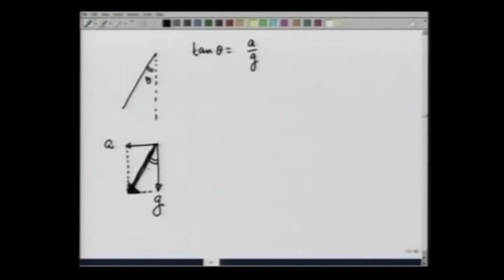And this is at an angle theta with tangent theta equals a over g. Any pendulum in its equilibrium aligns with the gravitational field. So no wonder that the pendulum is aligned with this in its equilibrium position. And that is the explanation for this.